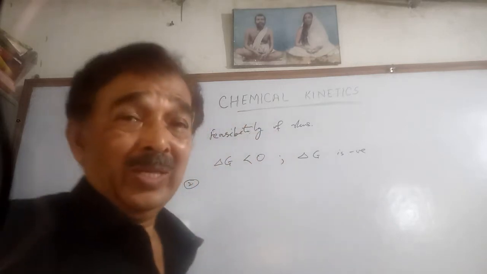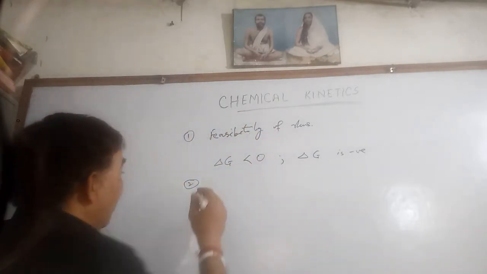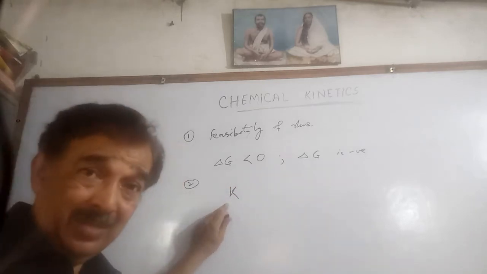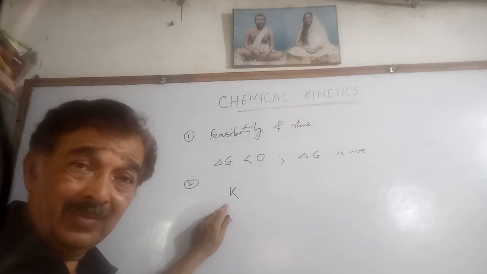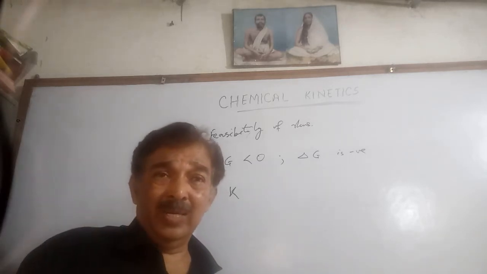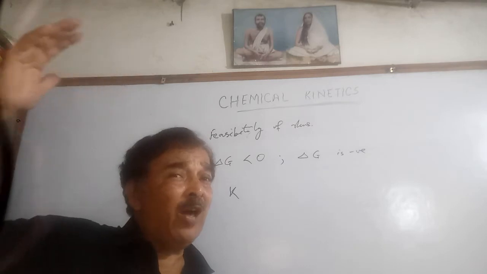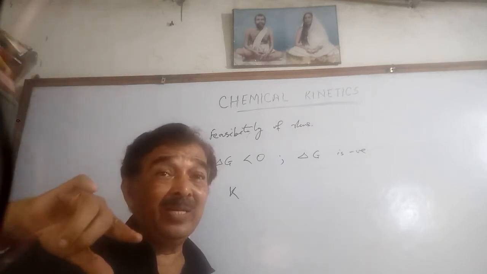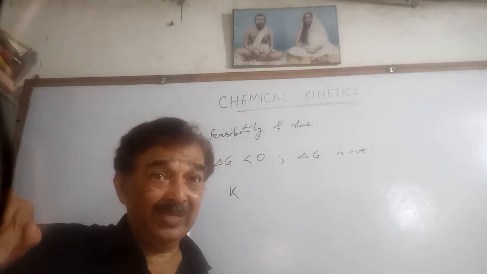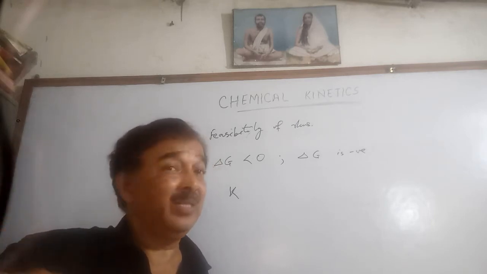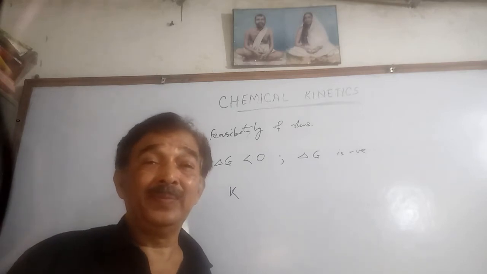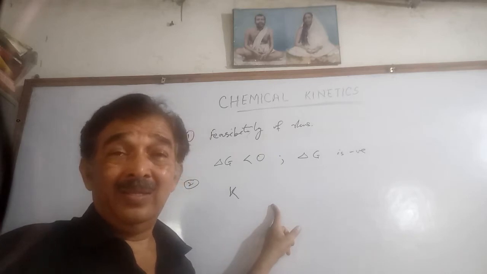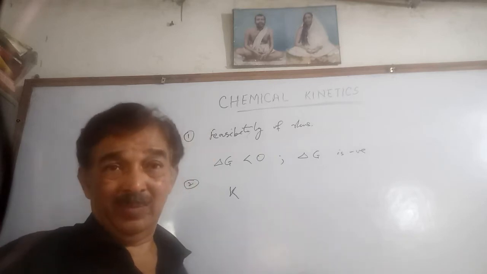This we study based on the magnitude of the equilibrium constant K. For a particular reaction, the higher the value of K, the greater will be the extent of the reaction before equilibrium is complete. And this we study in chemical equilibrium.